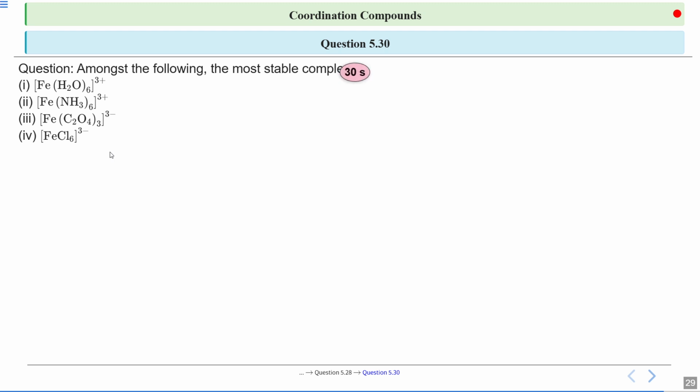Try to solve this and then we will see the answer. Okay, let's see.